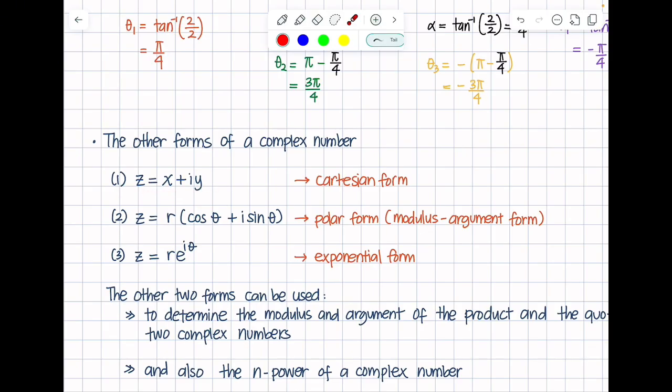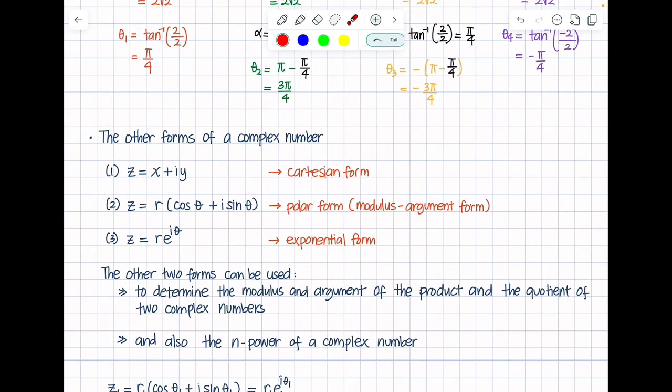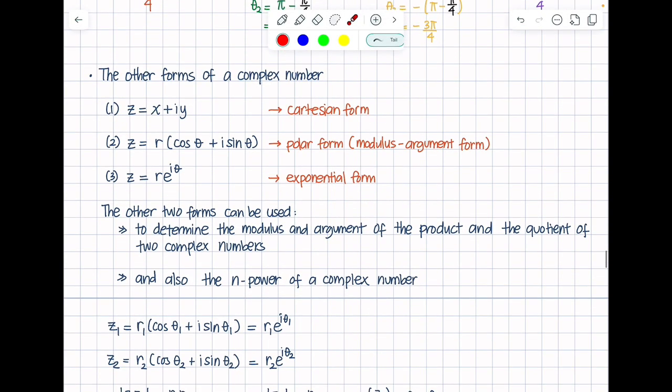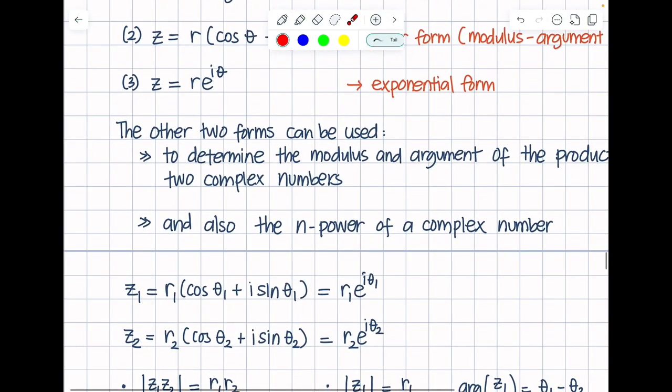Now, the other two forms can be used to determine the modulus and argument of the product and the quotient of two complex numbers, and also the nth power of a complex number. Let's say I have z1 and z2 in polar form.